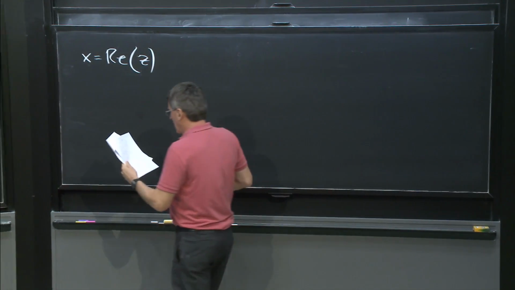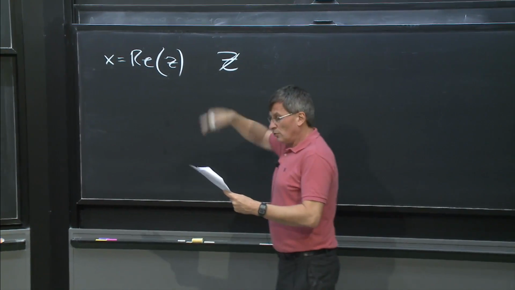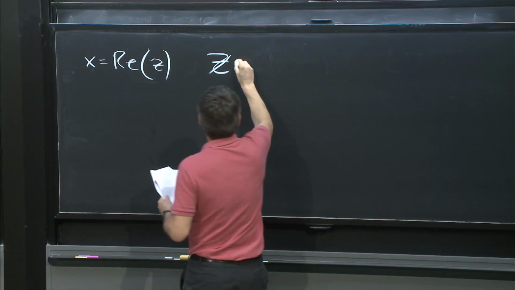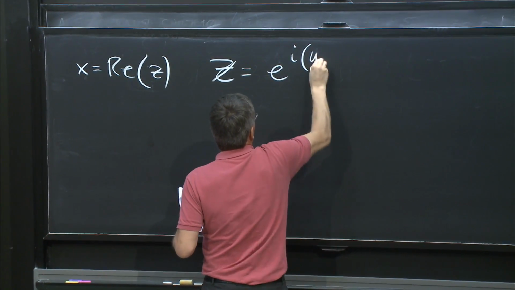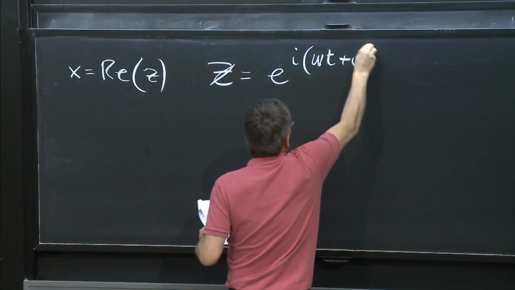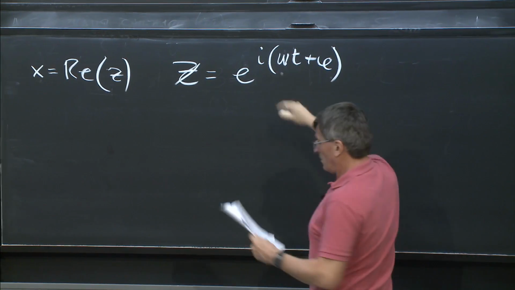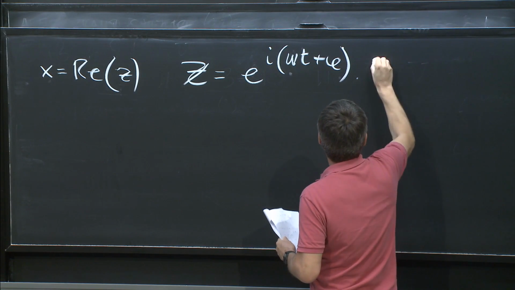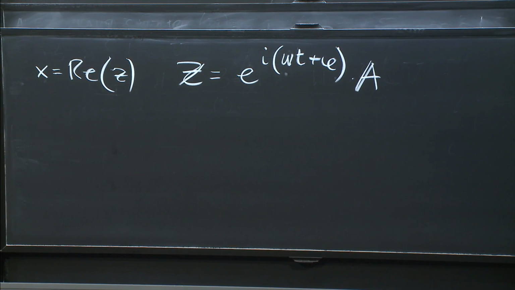So let's introduce a variable z, which is a kind of two-element vector, which has a complex term, a fixed frequency plus a phase, everything complex, multiplying a fixed vector A. Okay?